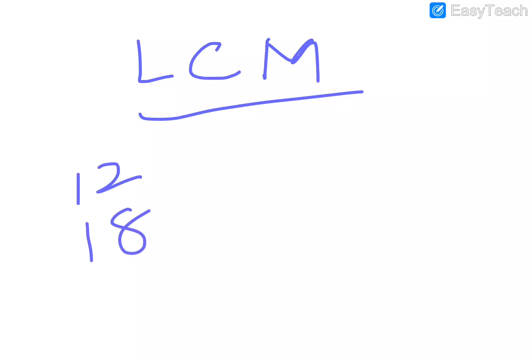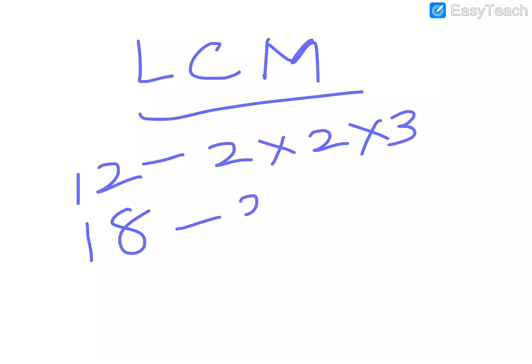Now that we have discussed the prime factorization method, you can find the LCM and write the answer as 36 minutes. In prime factorization, 12 is 2 into 6, 6 is 2 into 3, so 12 is 2 2s into 3. And 18 is 3 6s, and 6 is 2 into 3.